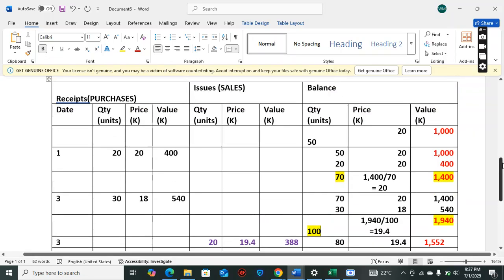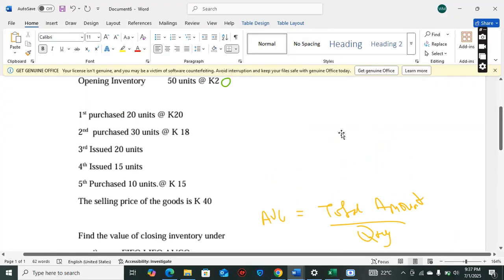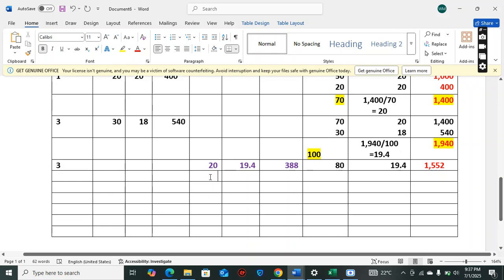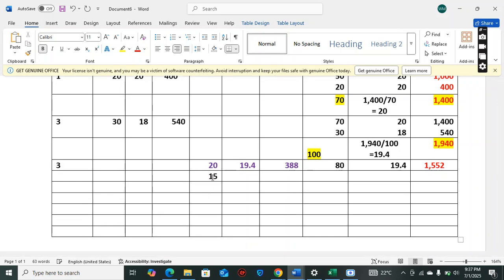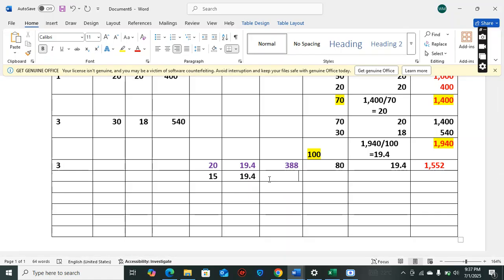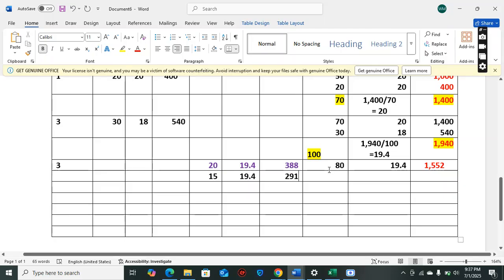Go to the next transaction. Issued 15 units. Valued them at the average cost, 19.4. 15 times 19.4, 291. So initially we had 80. We issued out 15.